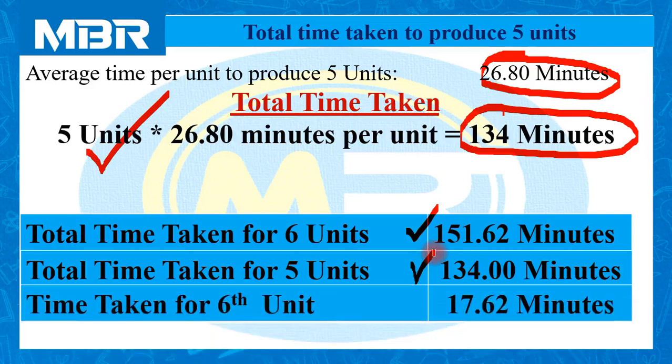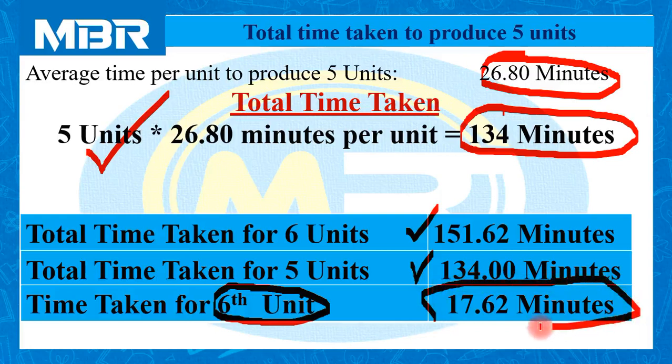So this kind of exercise is required when we need to calculate the exact time taken for the 5th unit or 6th unit or 7th unit or 8th unit or 20th unit or 100th unit, whatever it is. When we need to calculate for an exact unit, we need to calculate in this way. So total time taken for the exact sixth unit is 17.62 minutes.